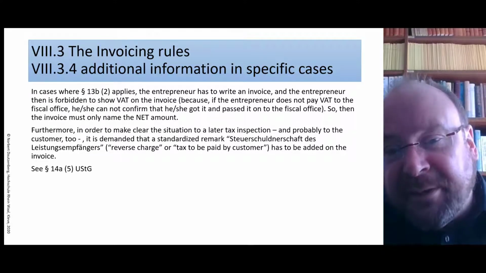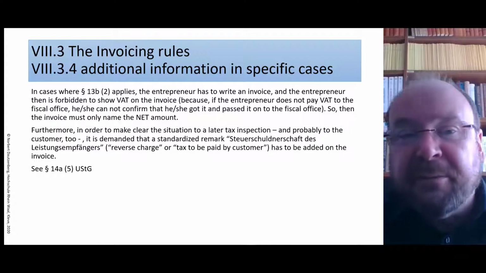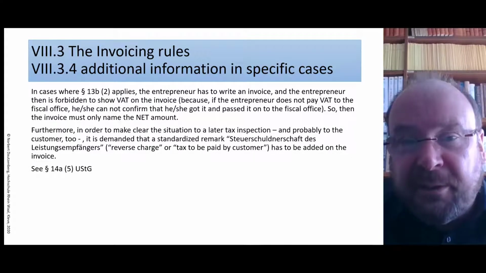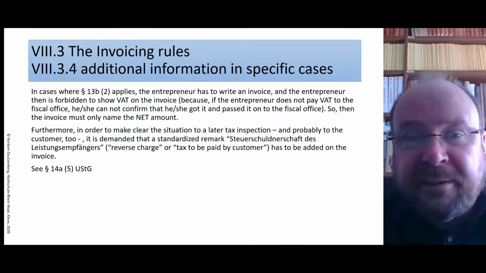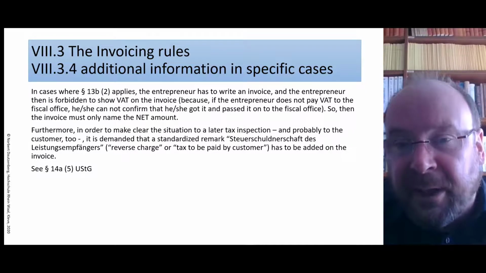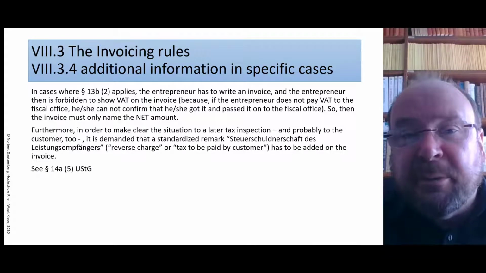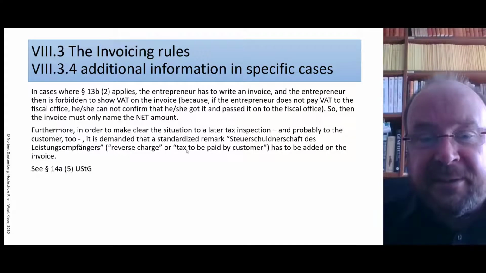And if your customer thinks your treatment of the case is wrong, they can communicate with you, you can debate about what happens and what was correct, so that you reach consent and can deal with the matter properly. And the customer will not forget, if it's correct that it's a 13b case, to treat the case correctly.